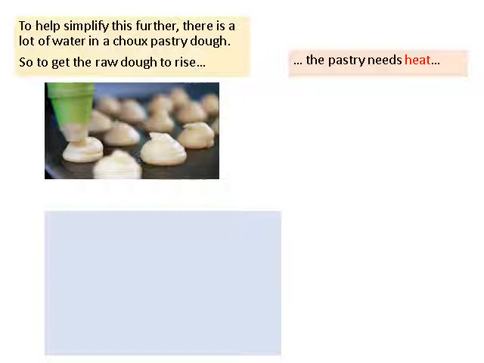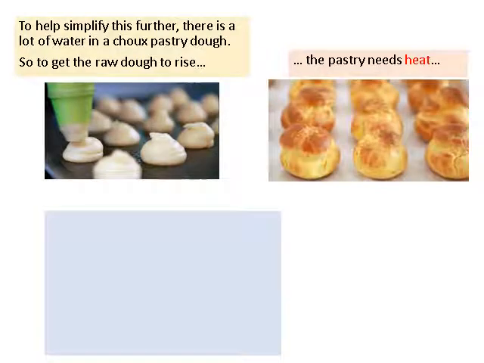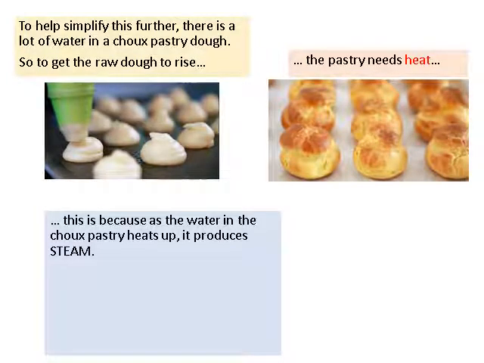Therefore, when that pastry goes into the oven, it's immediately starting to work. It's starting to rise. How it gets to the profiterole that we know in its cooked state is because when the water heats up, it's producing steam. In its raw state, this pastry has a high water content, and when the water heats, it produces steam.